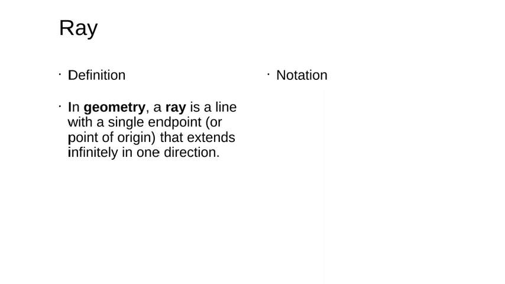Alright, a ray is a line with a single endpoint or point of origin that extends indefinitely in one direction. So a ray has a point of origin, the endpoint, and it goes in one direction or the other. It does not go in both directions.